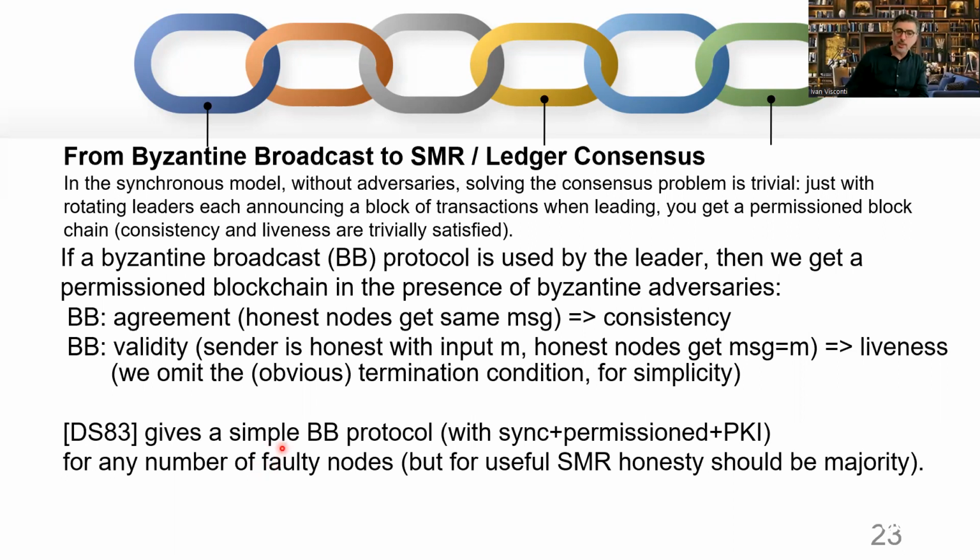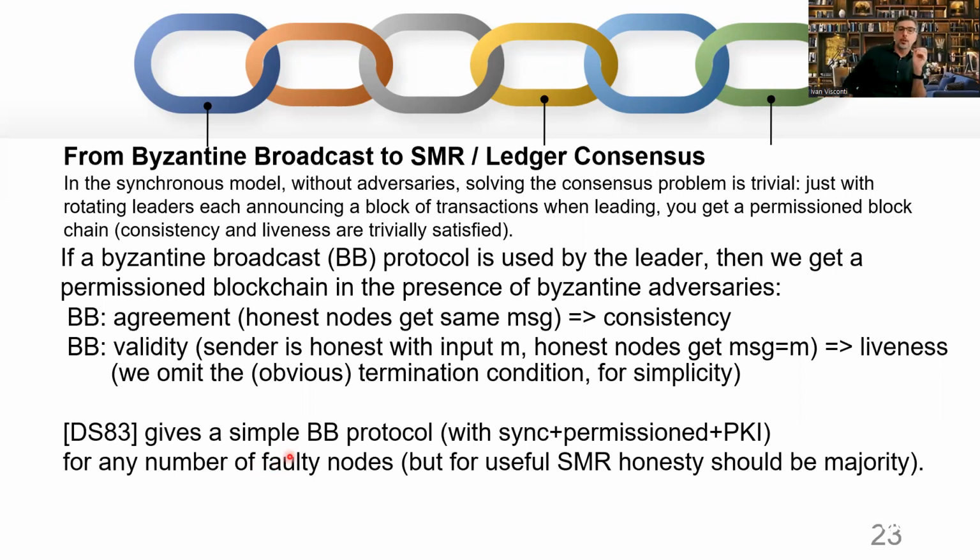Even a majority of the players can be corrupt. I'm stressing this fact because everything else I say today requires some honest majority. But this protocol of Dolev and Strong instead achieves Byzantine broadcast in that setting, with those restrictions, of course, regardless of the number of corruptions.